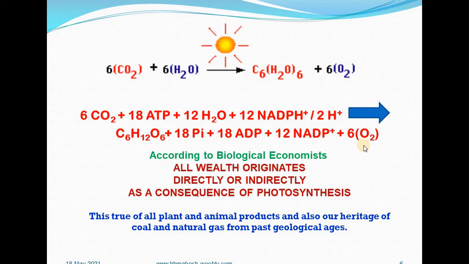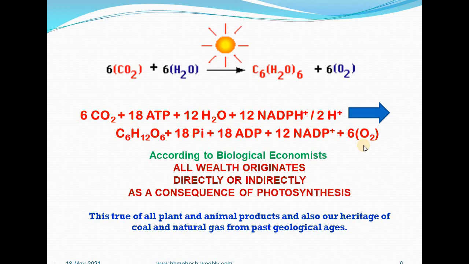So, based on all these observations, according to biological economists, all sorts of wealth originate directly or indirectly as a consequence of photosynthesis. These products, that is photosynthetic products, are derived from the living organisms and hence also represent the photosynthetic capital.